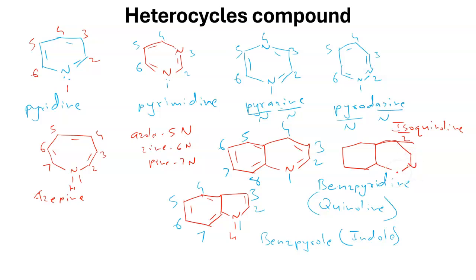The nitrogen is at this position, and there will be a carbon; both are 6-member rings. Now just put the bonds. In isoquinoline, numbering does not start from the heteroatom. It is one exception. Numbering will start as in quinoline: 1, 2, 3, 4, 5, 6, 7, 8. So these are the 8 numbers for isoquinoline.